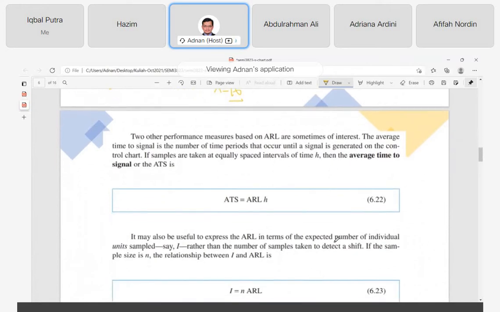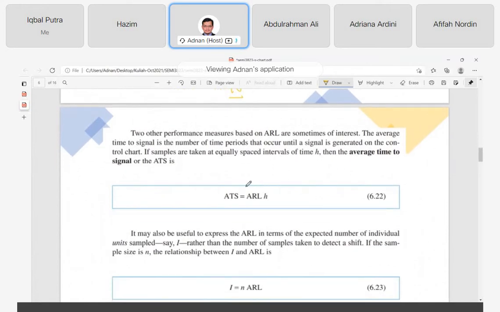Another measure is called average time to signal, ATS. Now we are looking at time. ATS equals ARL multiplied by h. What is h? h is the fixed interval of time between samples. Maybe you take a sample every half an hour, so h will be half an hour.